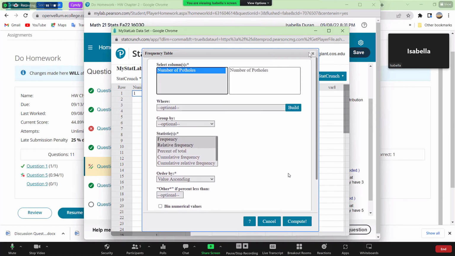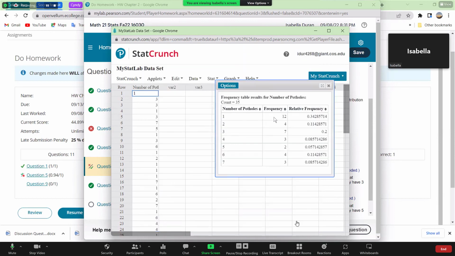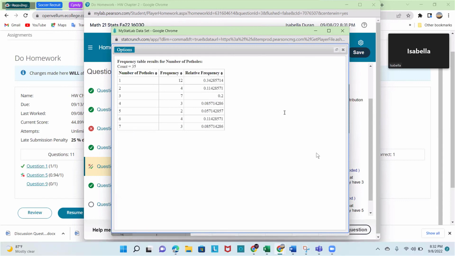Something's off. Yeah, say compute. There must be more rows than I'm seeing. Okay. So it's done the relative frequencies on the right. That's it. Oh, okay. I was pressing the wrong thing.